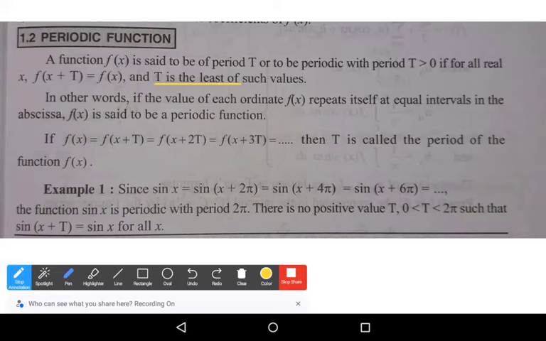Here also you observe that this condition, sin x equals sin of x plus 2 pi equals sin of x plus 4 pi, and so on, does not hold for any positive value less than 2 pi. That's why T equals 2 pi is known as the period of the function sin x.